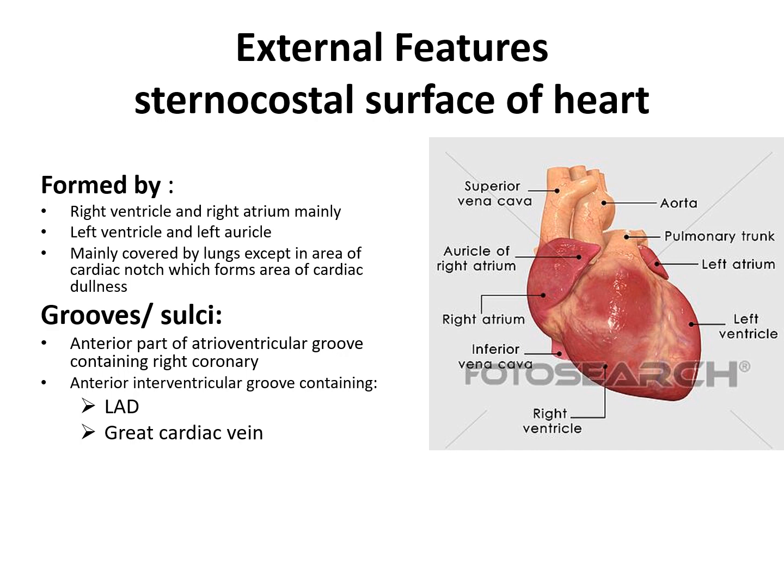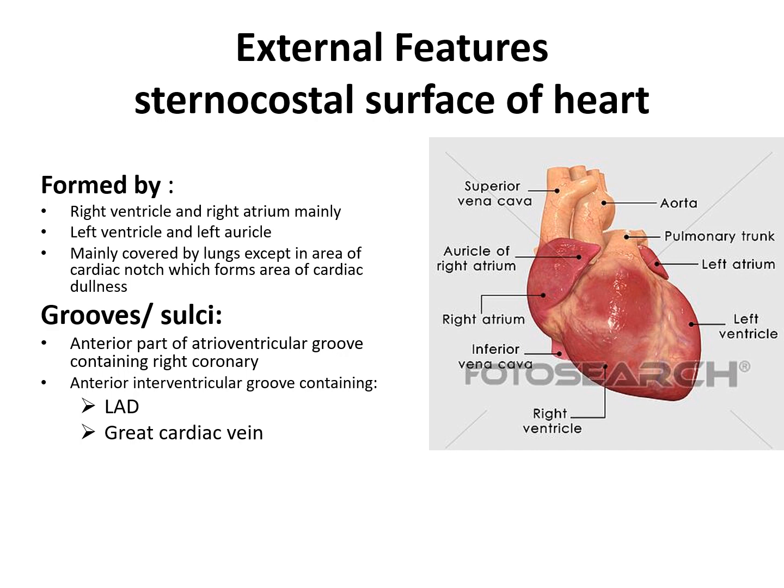This surface is covered, apart from the sternum, by the lungs, except in the area of the cardiac notch. So when we percuss the surface over the heart, the area of the cardiac notch gives a feel of dullness. So this area is called the area of cardiac dullness.